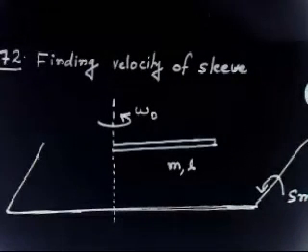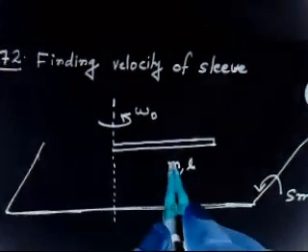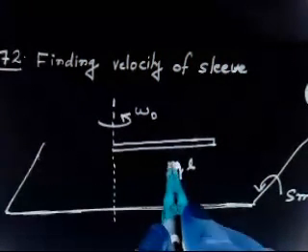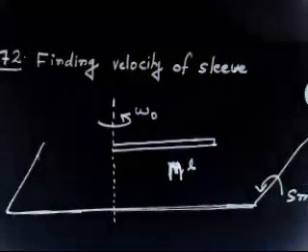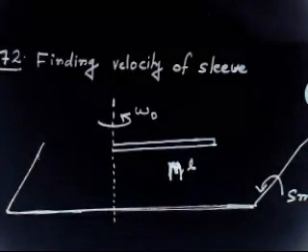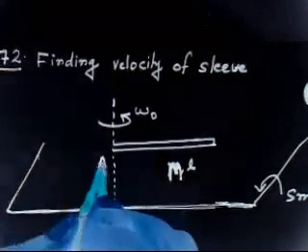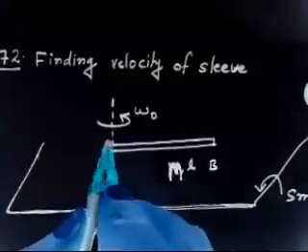Now the question says, a small sleeve of mass m starts sliding along the rod, and the mass of this rod is capital M basically. So the mass of the rod is capital M, and there is a sleeve of a small mass m. Initially this is kept at A and this is B. So initially the sleeve is here.